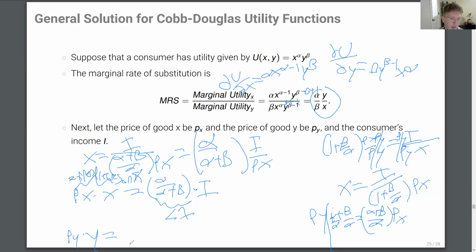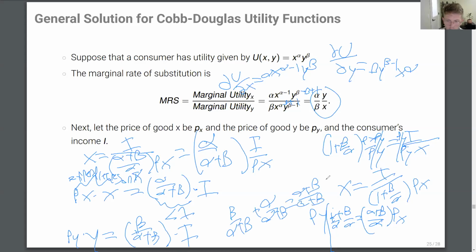So expenditures on y, which are py times y, must take up the remainder, beta over alpha plus beta times I. To see that these shares add up to 1, you can confirm it for yourself by adding them together. You'll get alpha plus beta over alpha plus beta, those cancel, and you're just left with 1.